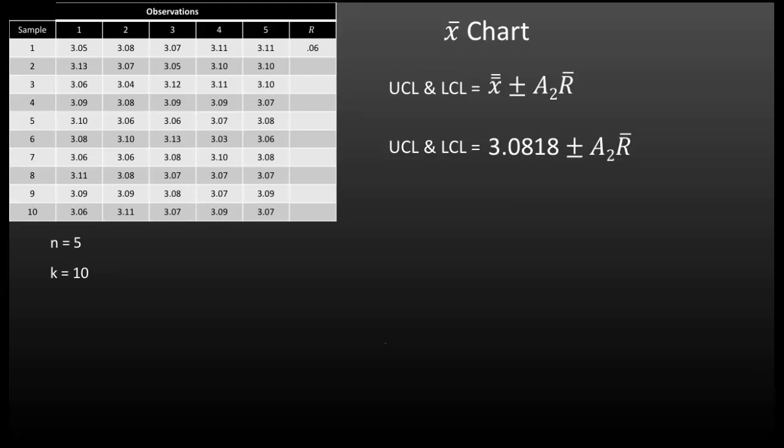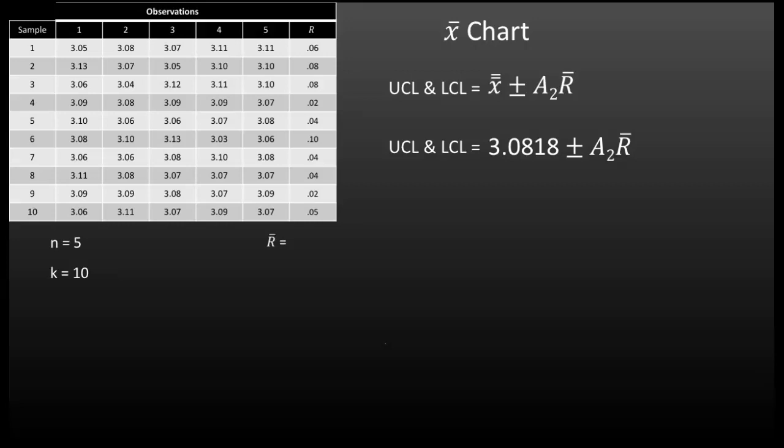We take the max minus the min of each sample. So the max in sample 1 is 3.11. The min is 3.05. So we subtract those two and we get a range of 0.06. We're going to do that for each of our 10 samples. So those should be your ranges that you find.